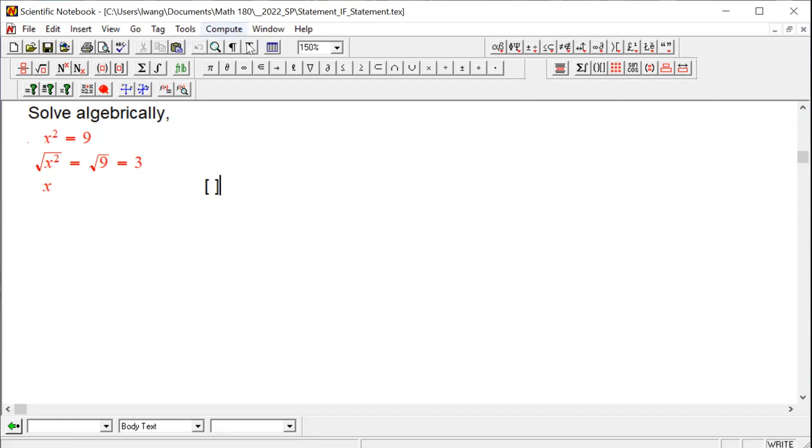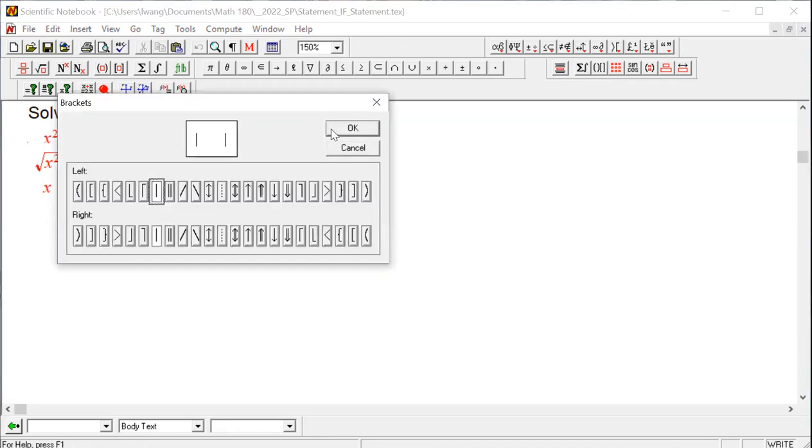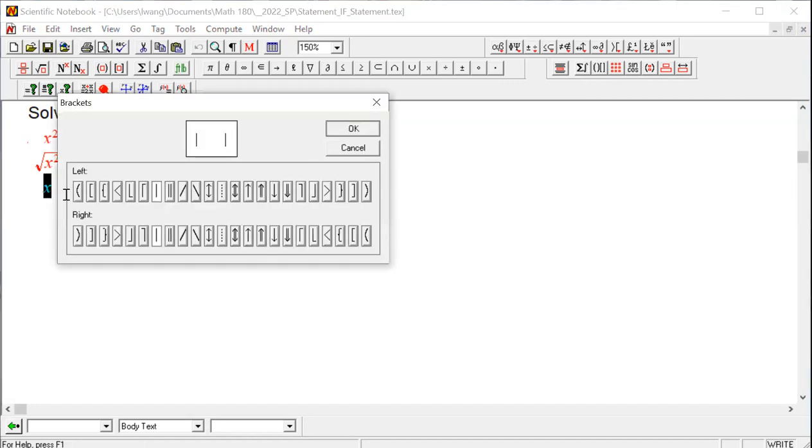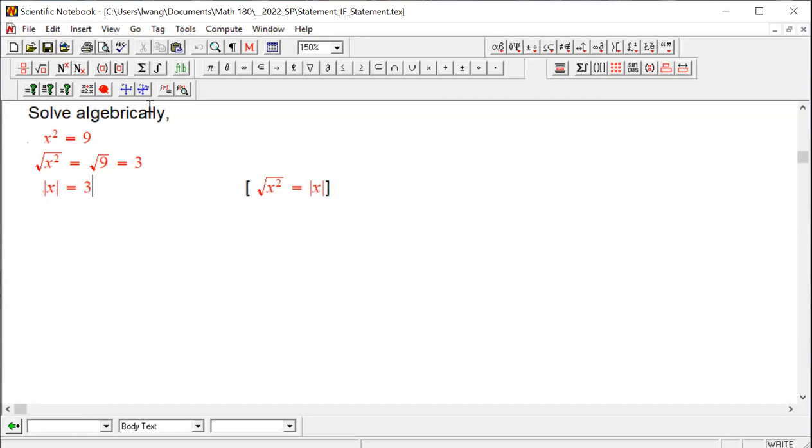Let me remind you, the square root of x squared is the absolute value of x. Don't you make that mistake, okay? That mistake can be caught very easily. So the absolute value of x equals 3.